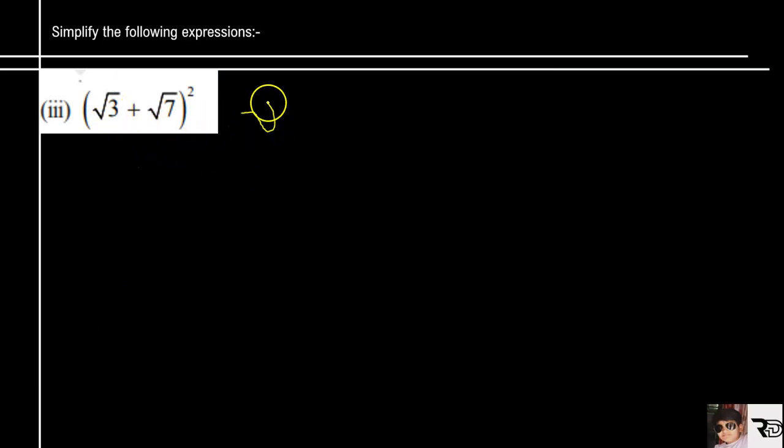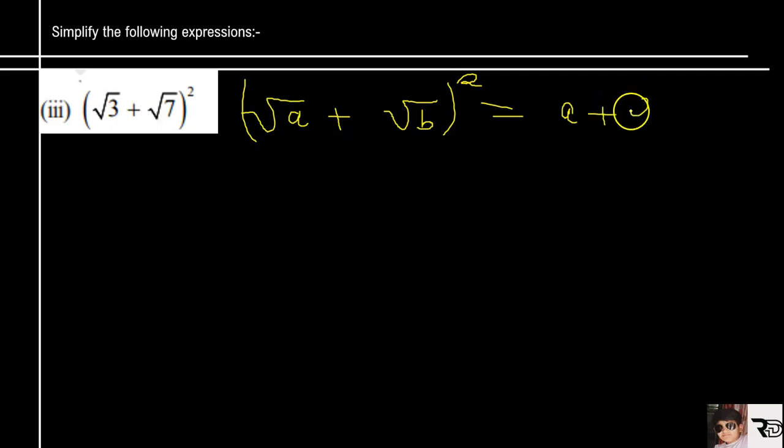So this is again identity used over here is root a plus root b whole square. So the answer would be in this form: a plus 2 whole root ab plus b.